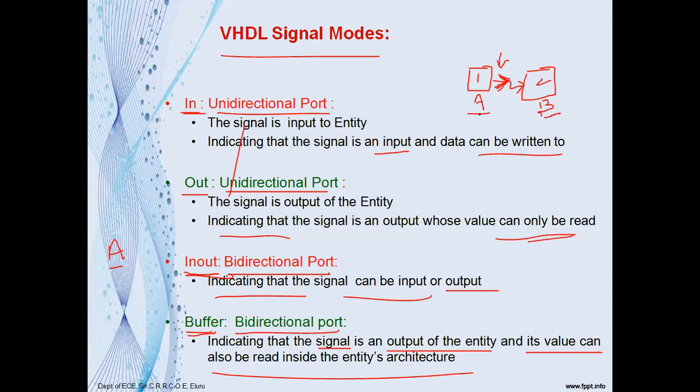That is, the A can accept the data from the B and the A can send the data to the B. Similarly, the B can accept the data from the A and the B can send the data to the A. So you understand that? So the in-out and buffer, these two are the same kind of signals, so they indicate that the signal can be input and output.